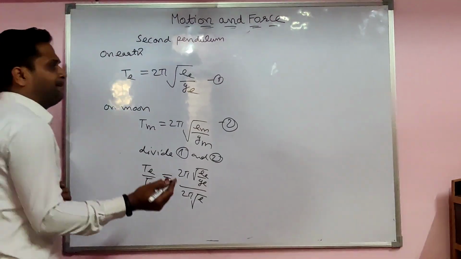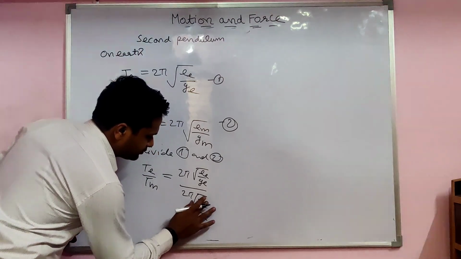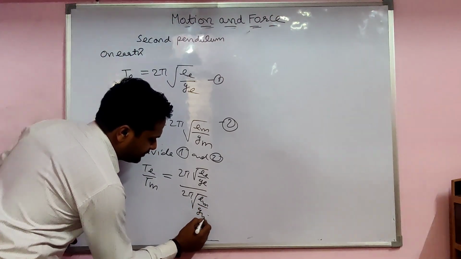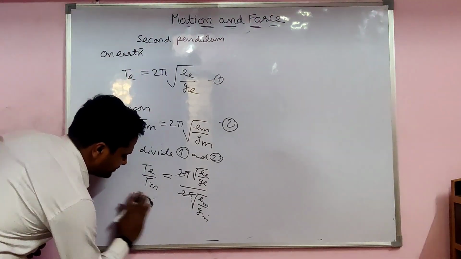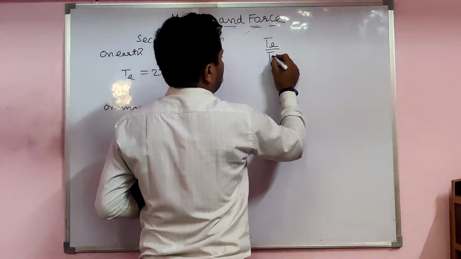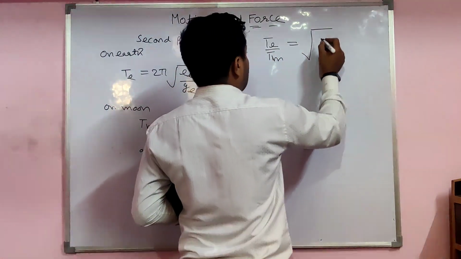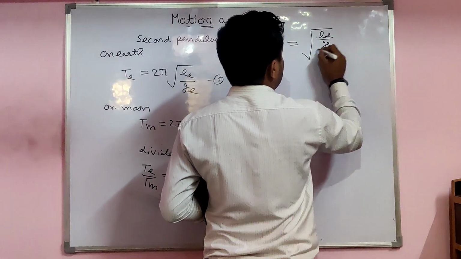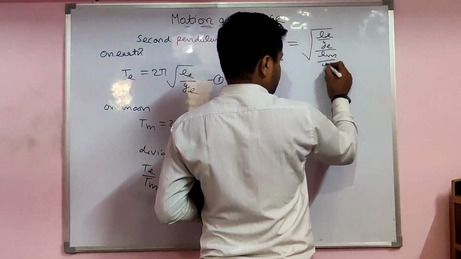You have to always do the comparison. Take the ratio. Here the 2 pi cancels. Then TE upon TM equals under root of LE GM upon LM GE.